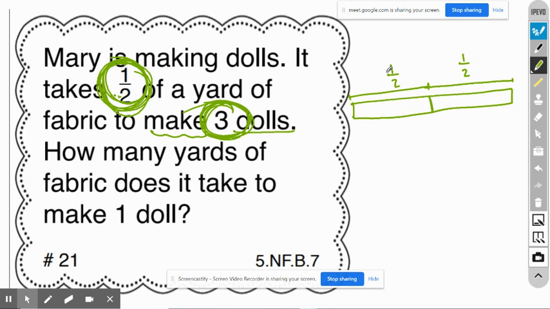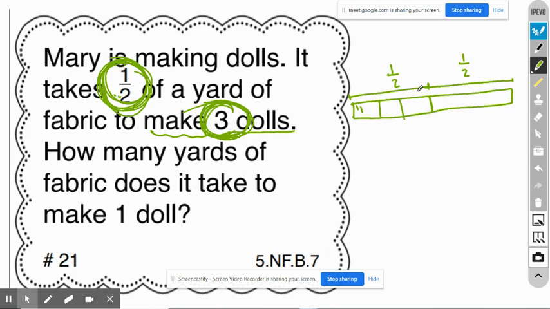With this, she's using half to make what? So how can you represent the 3 dolls here with this half yard? What would you do here? Yes, because each one here is what? No, each you cut into three. Each one is what? For one what?